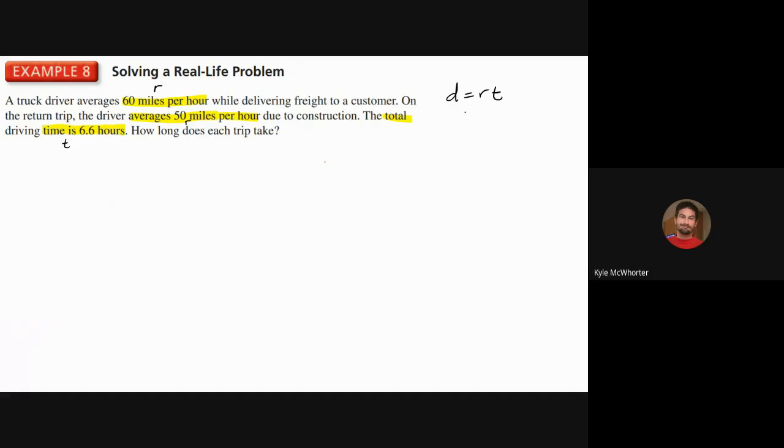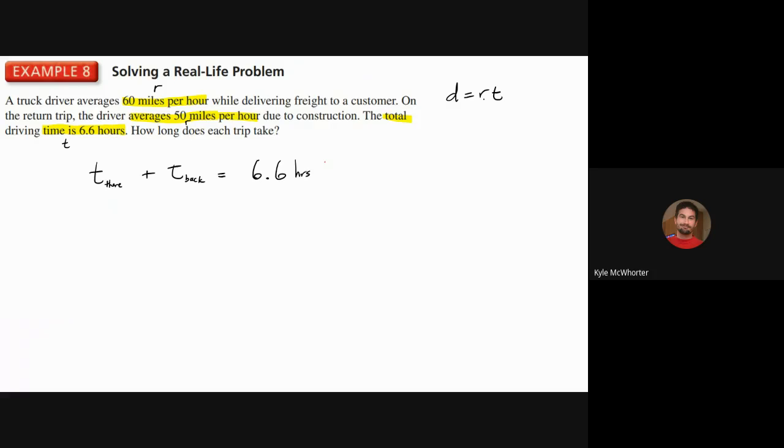Okay, so if we add up the 2 different times, the time it took to go there plus the time it took to come back, that would equal 6.6 hours.